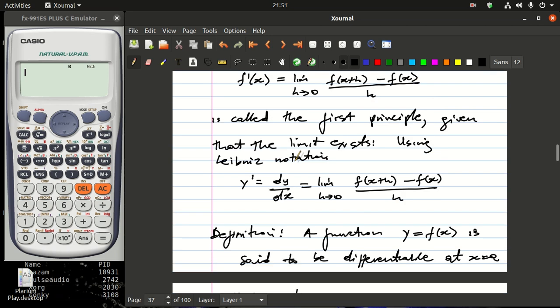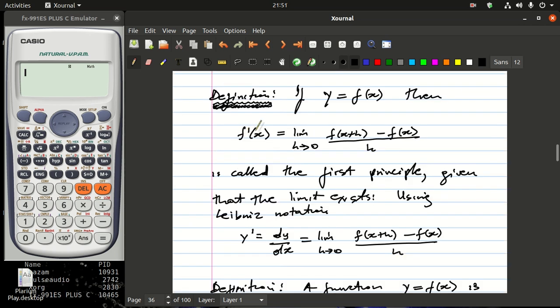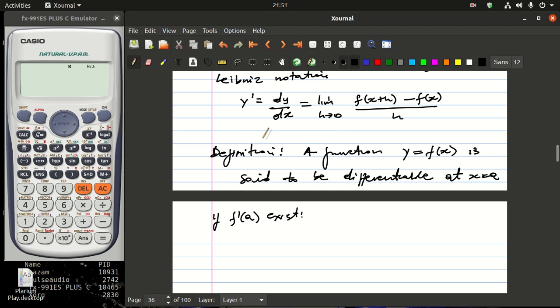So basically here, if you can find f prime of x to be equal to some function, and when you look at the domain of that derivative, you find out that this a is actually in the domain of that derivative, then we say that this function is differentiable at that particular point.